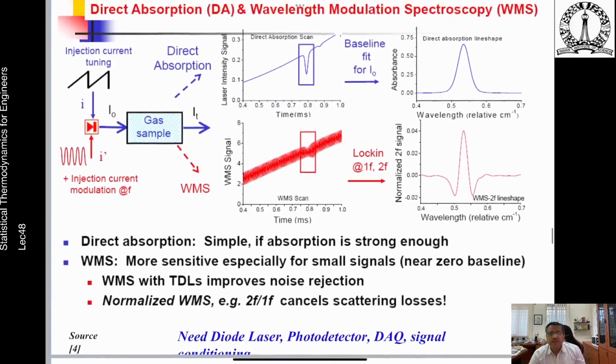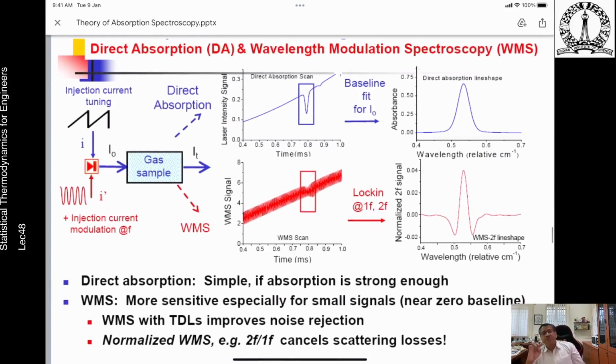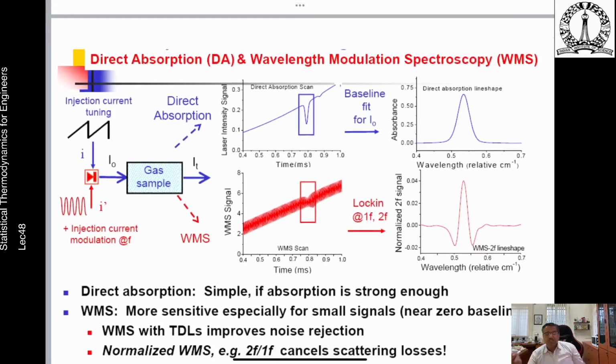Experimentally you measure it by what we call direct absorption or wavelength modulation spectroscopy. You typically have a laser with a ramp function, which is the injection current tuning of the laser. If it is direct absorption, you measure what is going in, which is I naught, and what is coming out, which is I_T.